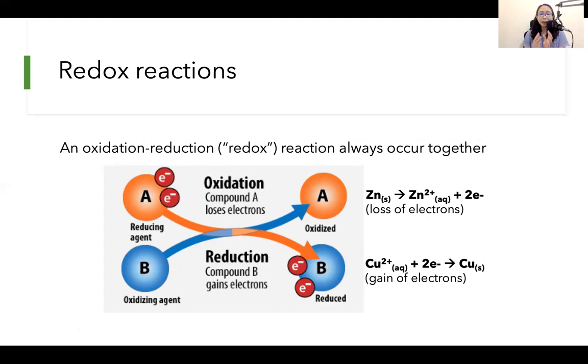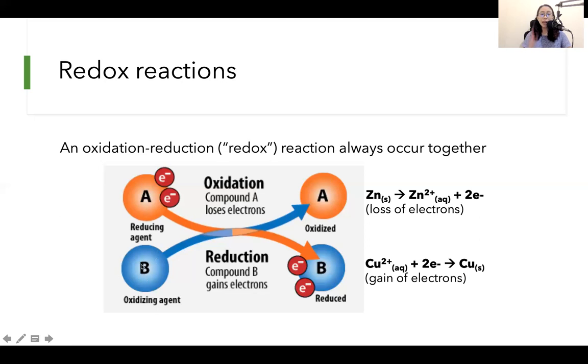Now, the reactant that undergoes oxidation is often called the reducing agent. If compound A loses electrons, meaning it undergoes oxidation, then compound A is called the reducing agent because it allows the reduction of the other reactant B. On the other hand, the reactant which undergoes reduction, in this example B, is called the oxidizing agent.